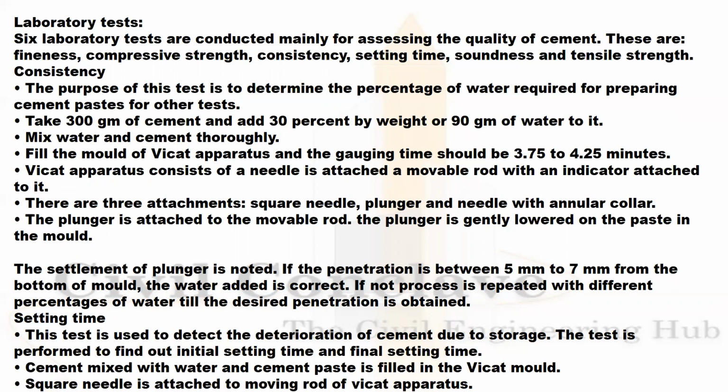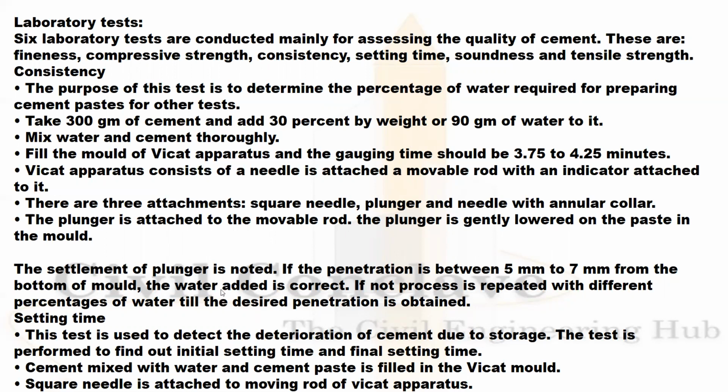Vicat apparatus consists of a needle attached to a movable rod with an indicator attached to it. There are 3 attachments in the Vicat apparatus: square needle, plunger, and a needle with an annular collar. The plunger is attached to the movable rod. The plunger is lowered onto the paste in the mold.